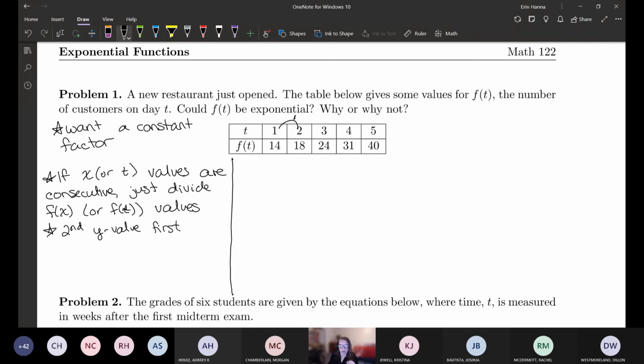You always take the second y value first in the ratio. So it's always the y value of the larger x value first when we're doing these ratios. So we would do 18 divided by 14.